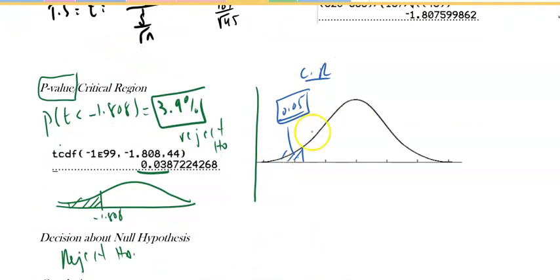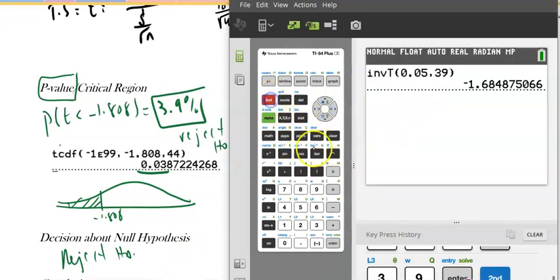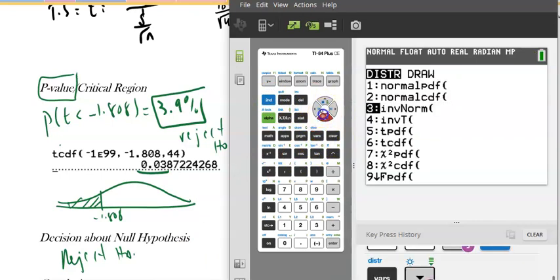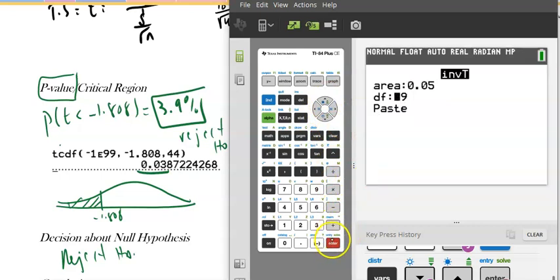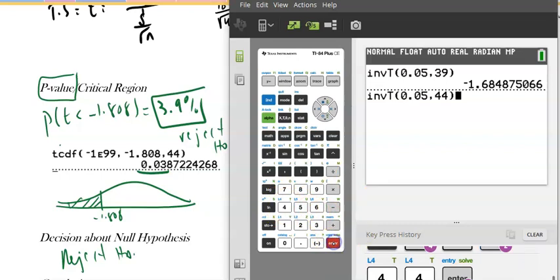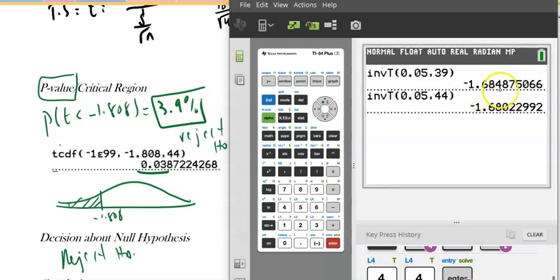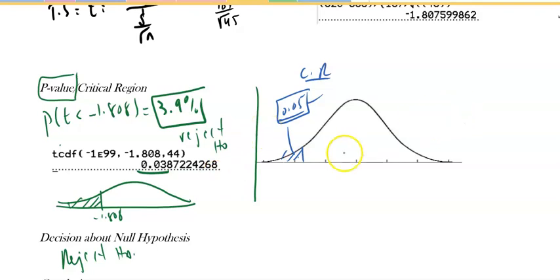I could use my calculator and figure out what that area is. Inverse distribution, and we want inverse t-distribution. We want an area of 0.05. In this problem, they took 45, so 44 degrees of freedom. Give me that number, negative 1.68. Oh wait, they're matching. They're almost the same. Actually, they changed slightly. This is 1.685. This is 1.680. But it's about the same thing, negative 1.68. It didn't change, so to speak.